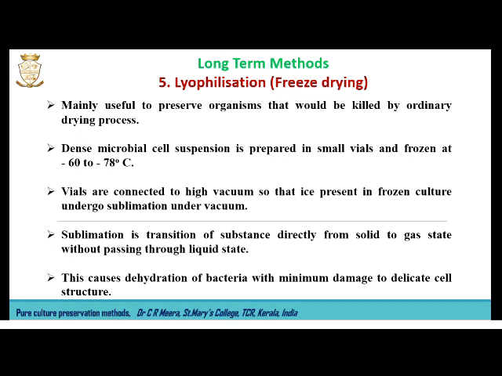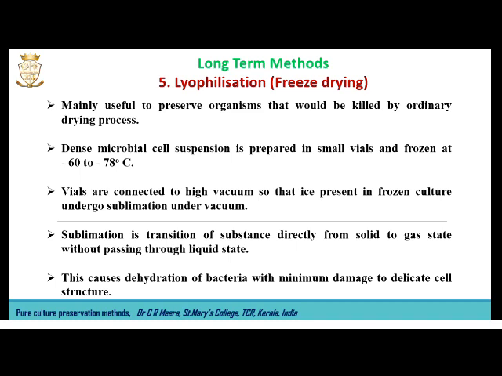The next method, lyophilization, which is otherwise known as freeze drying, is not suitable for all types of microorganisms. It can be used for only organisms that can survive the freezing. This method is mainly used to preserve the organisms that would be killed by the ordinary drying process.